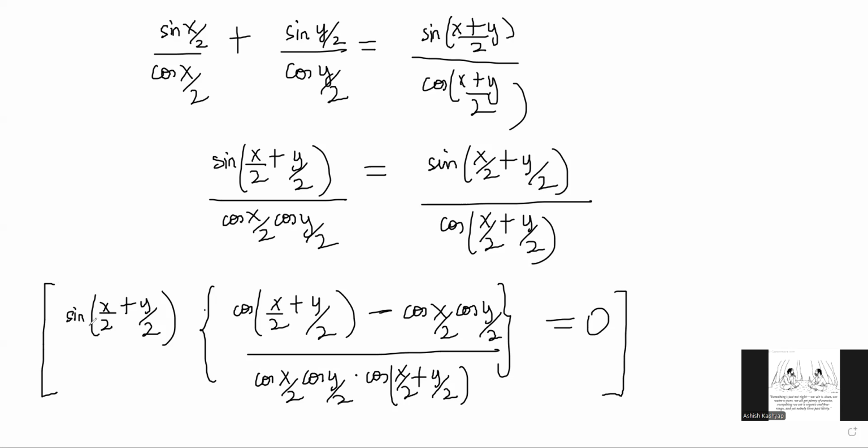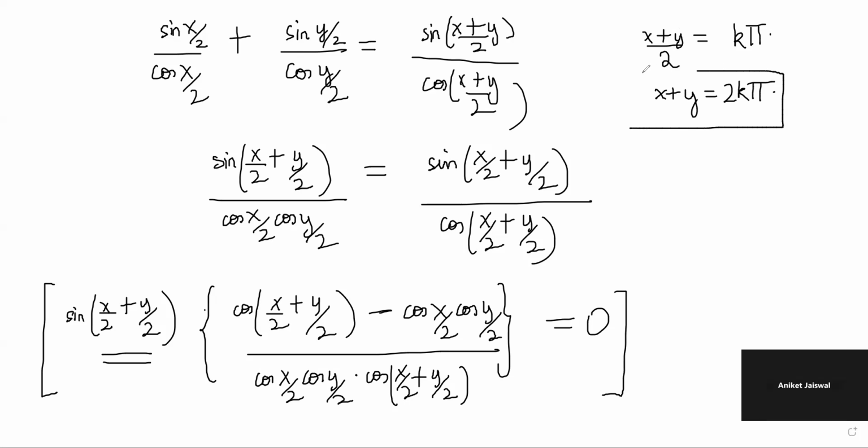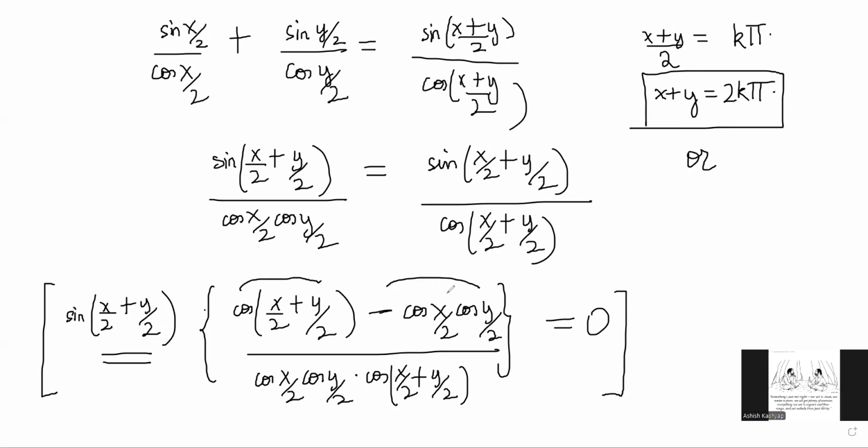This will be true either if this part is 0, which means x plus y by 2 is equal to some k pi, for k being an integer. So that will give us x plus y is equal to 2k pi. Or you will get if this part is matching. So you can expand this and this will become cos minus sin. And this cos will get cancelled.